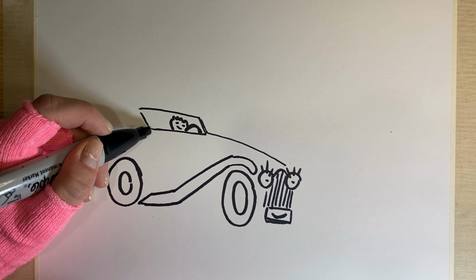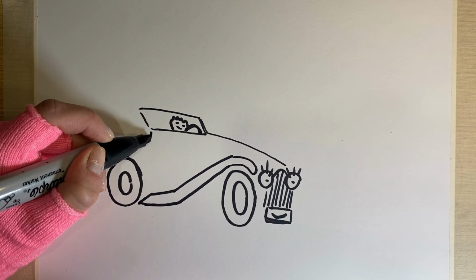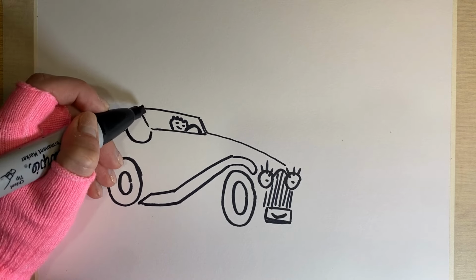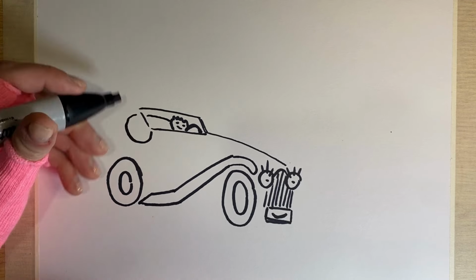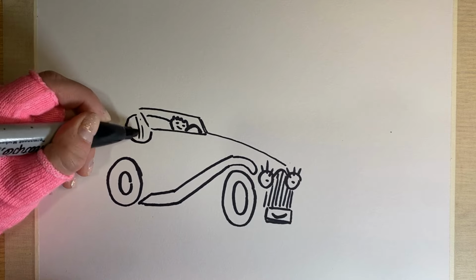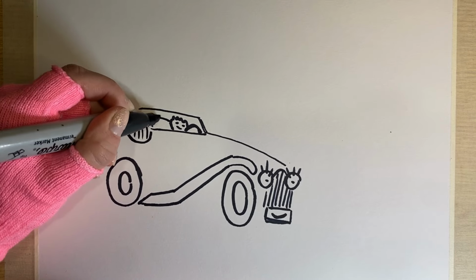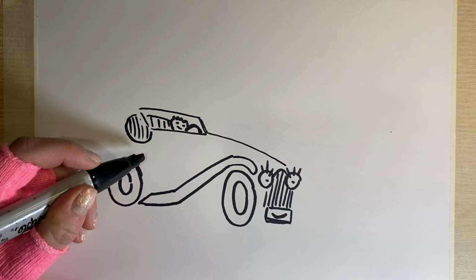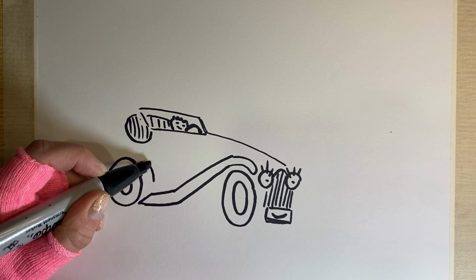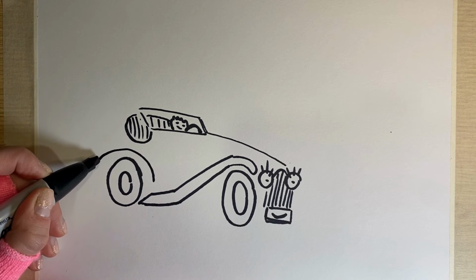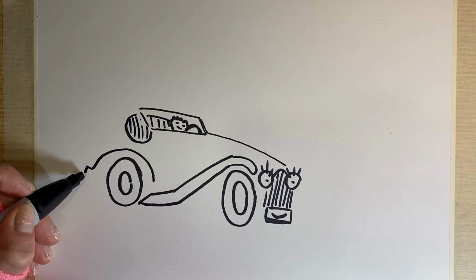Let's make the passenger seat. It's curvy and comfy. Lots of lines, lines, lines, lines. Let's make a hood for the wheel. It's another circle-y thing for real.